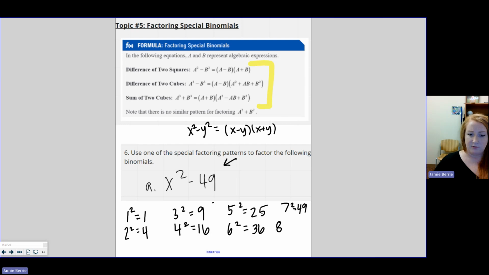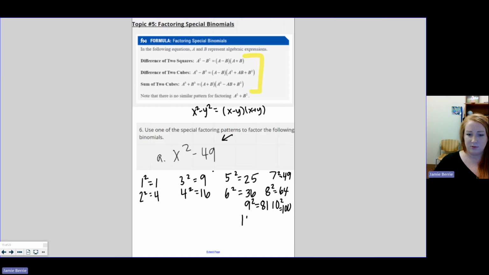So, I think I stopped at 5. 5 squared is 25. 6 squared is 36. 8 squared is 64. I think I missed this one. 7 squared is 49. 9 squared is 81. 10 squared is 100. I would go to 12. 11 squared is 121. 12 squared is 144.